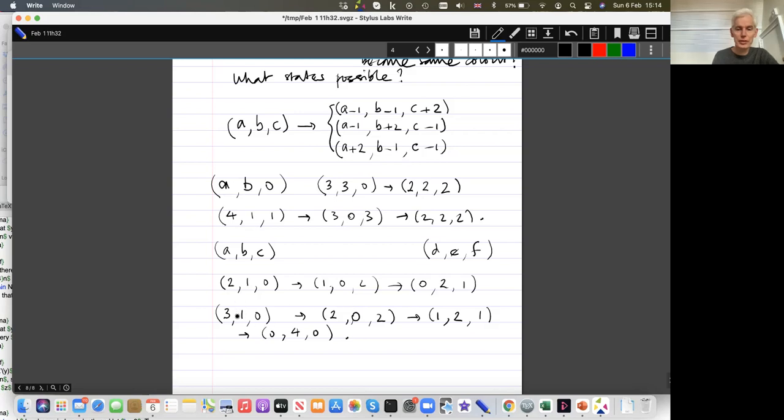But I always have a 1 in the middle. Oh yes, that's clearly necessary because it's got to be mod 3. This one's always got to be the odd one out, mod 3. So I can get to 0, 4, 0, which I think was my original question, and I can also get to 0, 1, 3.